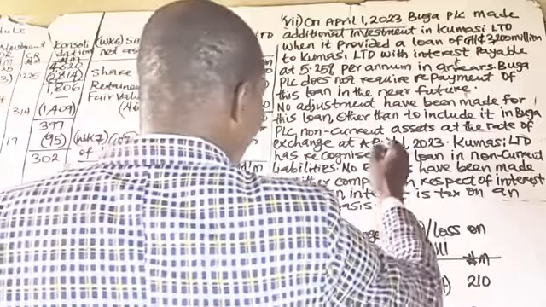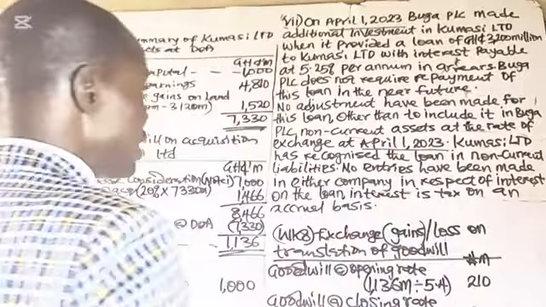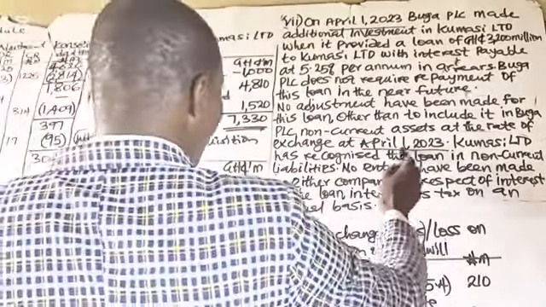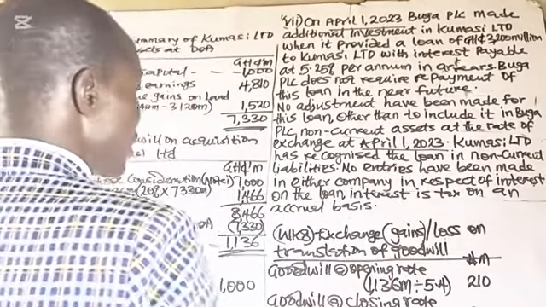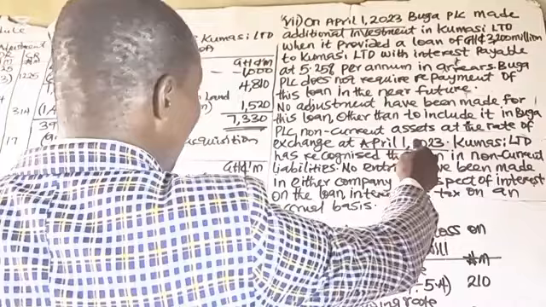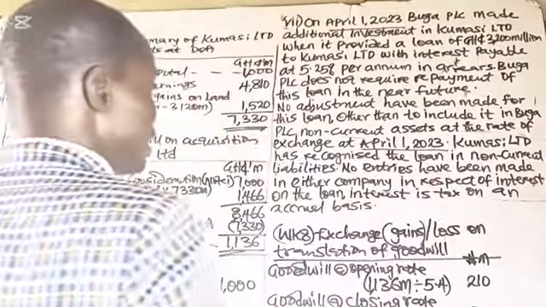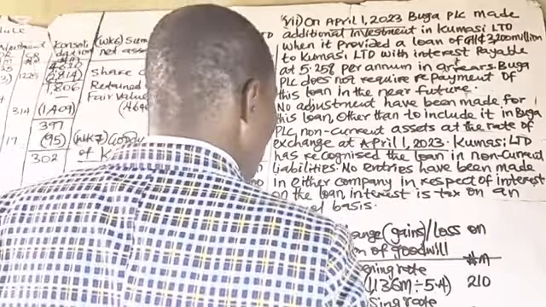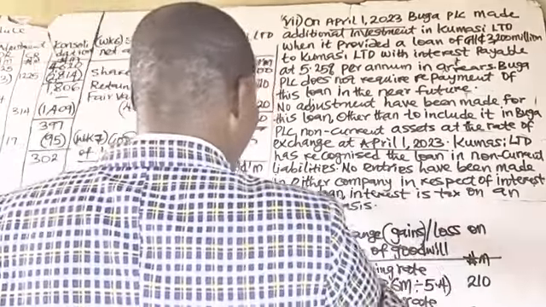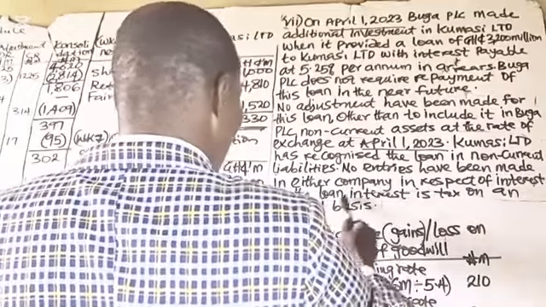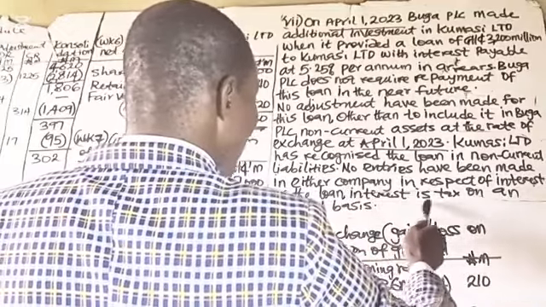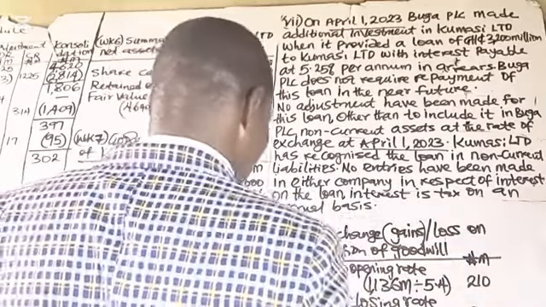So the rate of exchange on April 1st, 2023 was used in translating this intercompany loan of 3.2 billion Ghana cedis. So no entries have been made in either company in respect of interest on the loan. Interest is to be stated on an accrual basis.